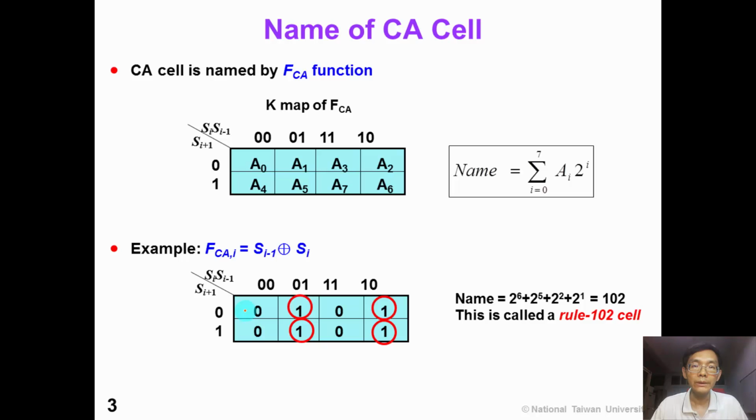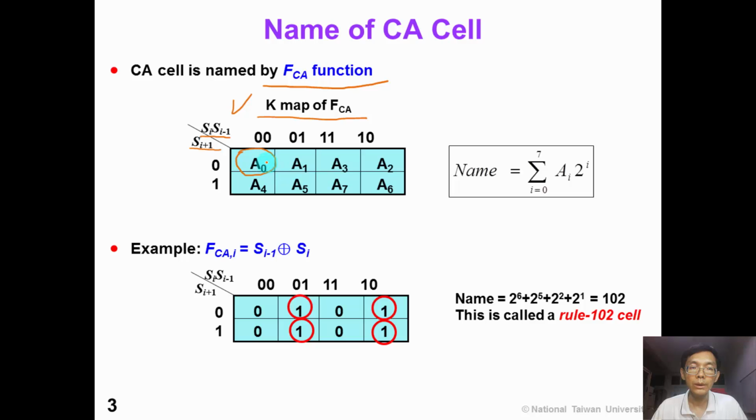The name of a cellular automata cell is given by its FCA function. This is a kernel map of the FCA function. Each cell in this kernel map is weighted by three numbers Si-1, Si, and Si+1.